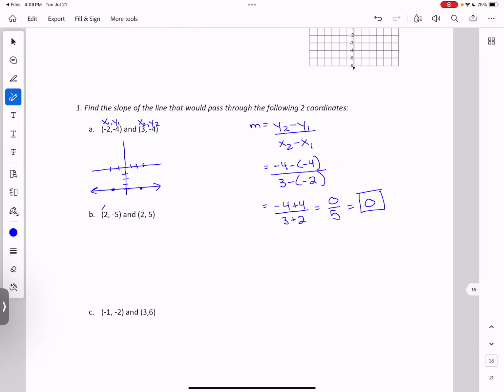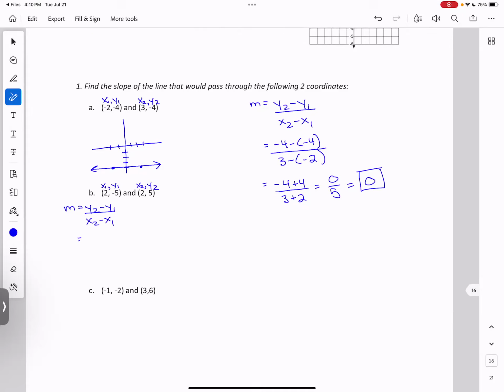So I'm going to make this my x1, y1 and x2, y2. And so again, we've got our general slope formula, y2 minus y1 over x2 minus x1. And that gives me 5 minus -5 over 2 minus 2.